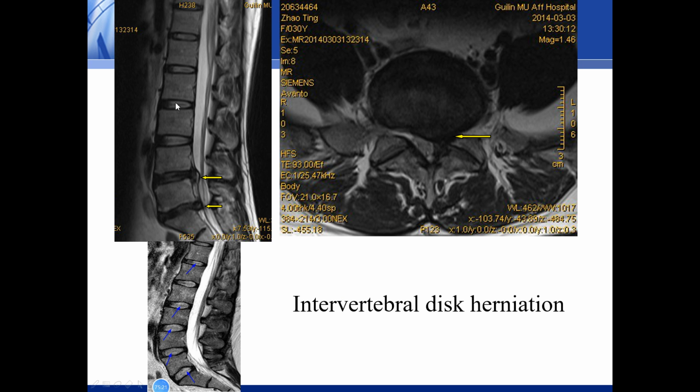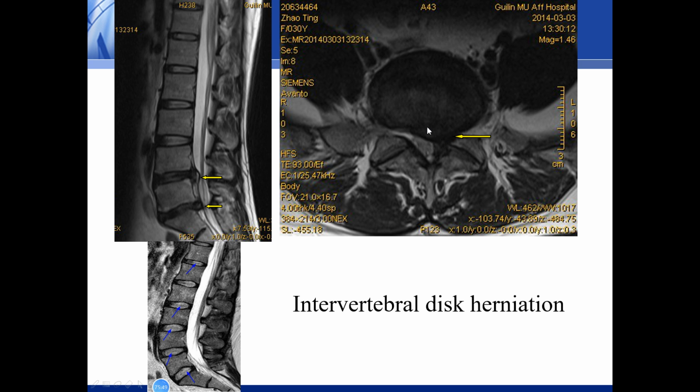And here is the normal intervertebral disc. Here is the normal, and here the central nucleus protrudes in the spinal canal. And here shows the nerve root.